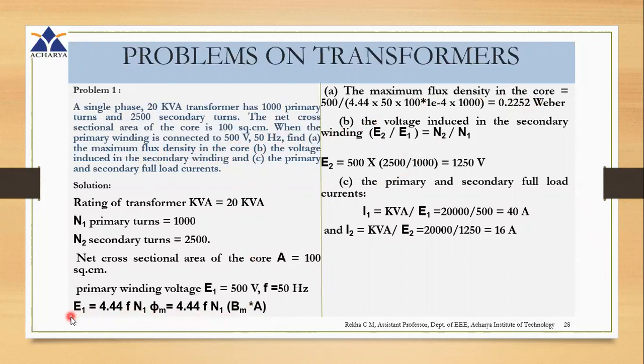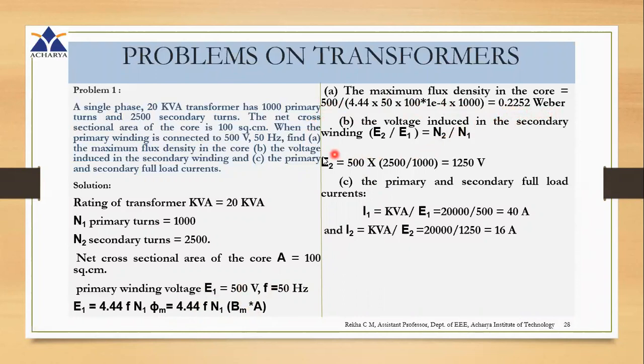Now E1 is known, we know F, we know N1, we know the area also. The only unknown is Bm. So Bm is nothing but E1 divided by 4.44 F A into N1. When substituted over here, the answer is found to be 0.2252 Webers.